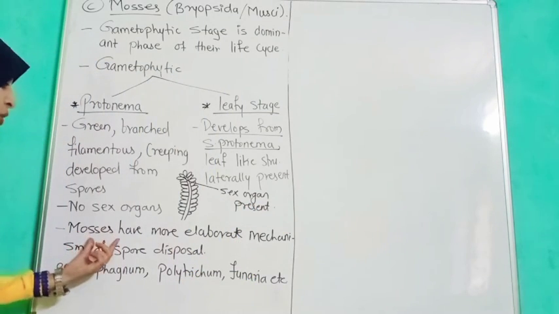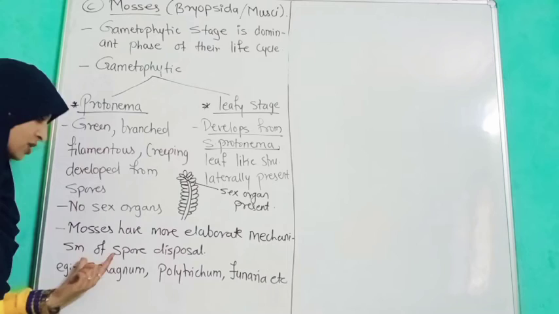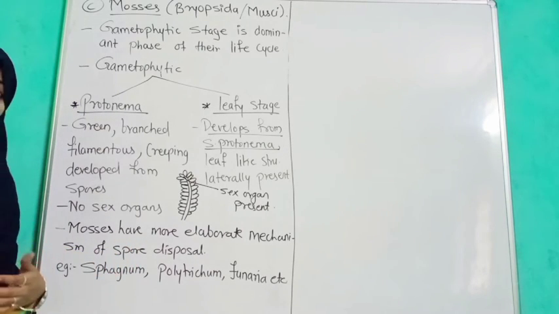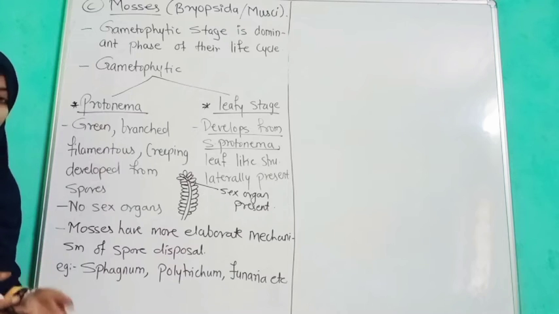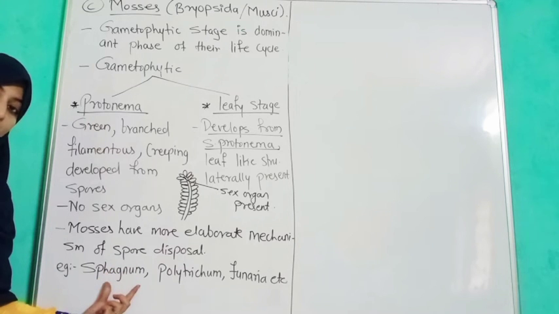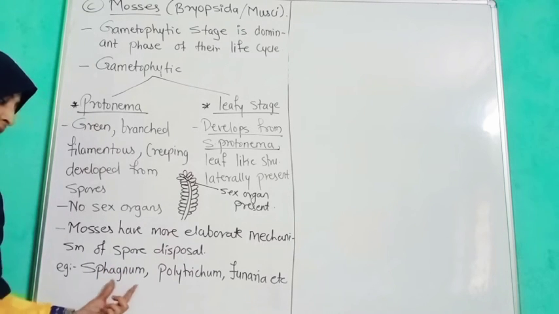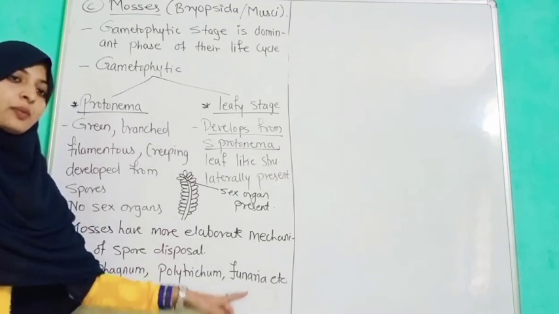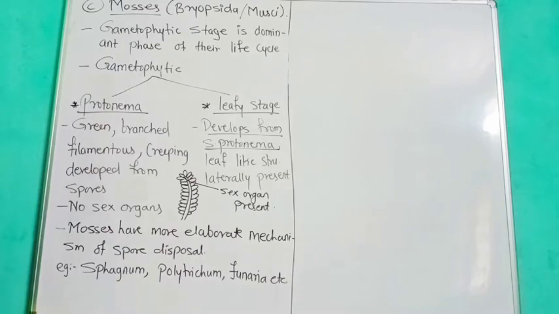They have told that mosses have a more elaborate mechanism of spore disposal. Examples given are Sphagnum, Polytrichum and Funaria. These are different examples of mosses or Bryopsida.